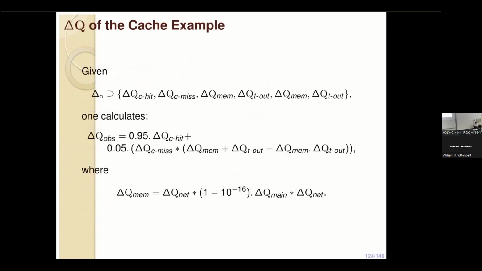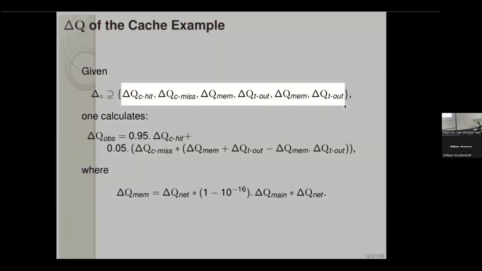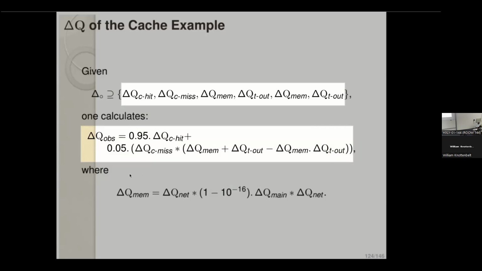Right. So I promised to show you how this works for the cache example. The idea is that if you give me a delta Q for each of the individual outcomes in the cache example, which is this, and we call that a basic assignment, then I can tell you that the observed delta Q of the cache example as a whole is this, where the memory itself can be further drilled down to this.